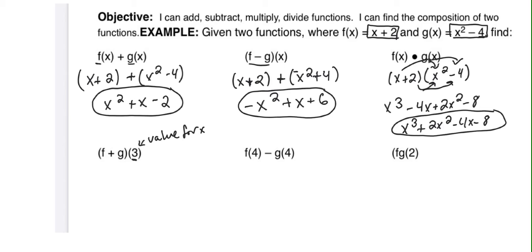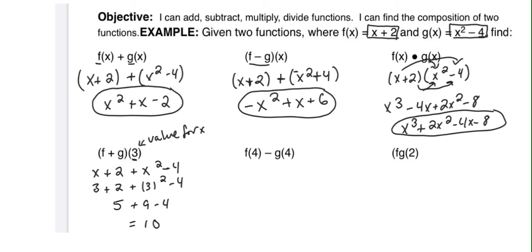Let's write this out. f plus g is x plus 2 plus x squared minus 4. Then we plug in 3 for x, so 3 plus 2 plus 3 squared minus 4. That's 5 plus 9 minus 4, which gives us 10.